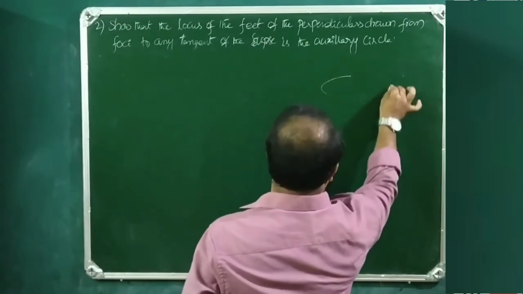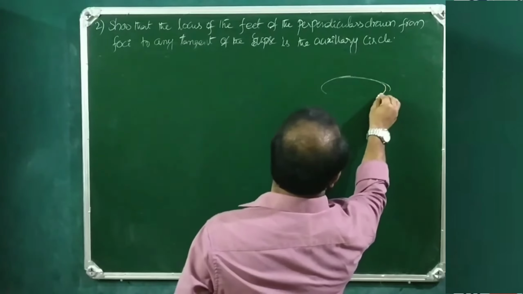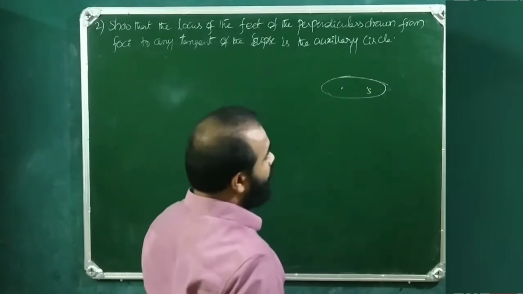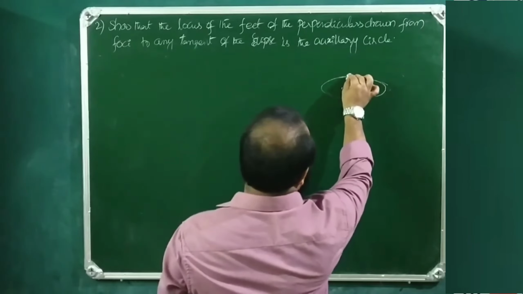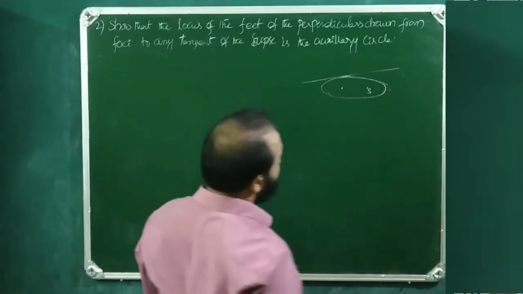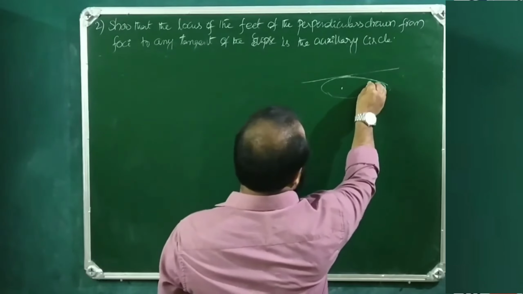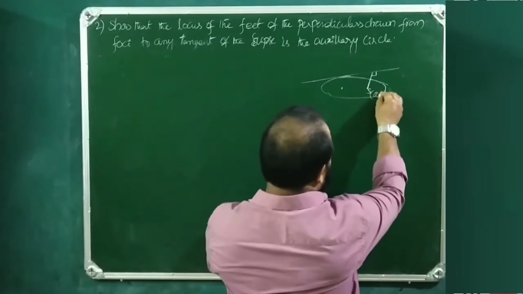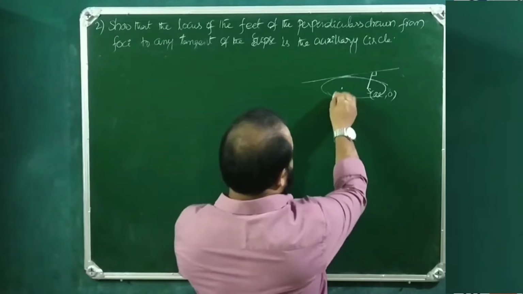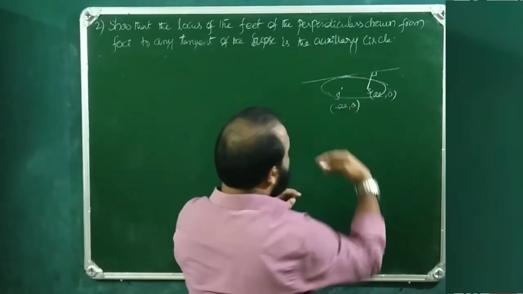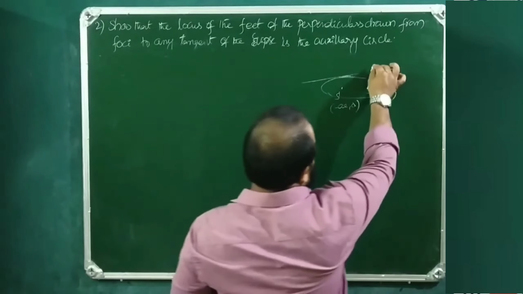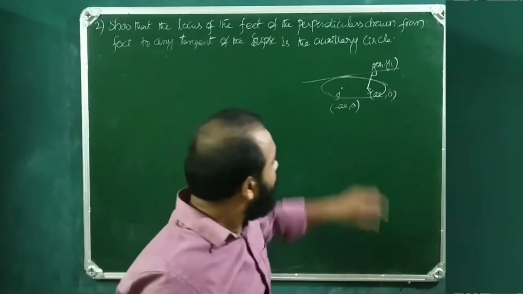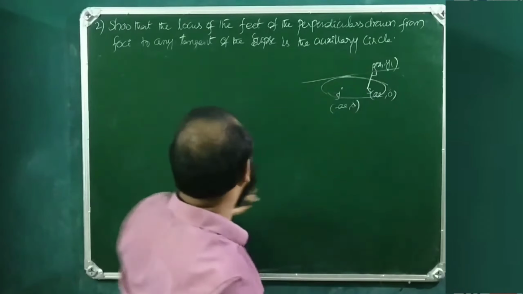So this is the ellipse given and this is one of the foci and this is the tangent drawn and this is the perpendicular from this focus. One of the foci is ae comma 0, S dash is minus ae comma 0. So this P x1 y1 is the foot of the perpendicular of one of the foci.